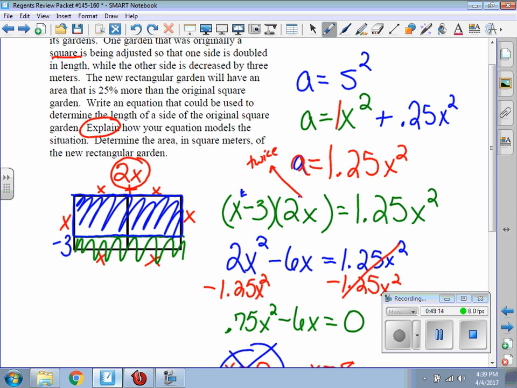Twice the, what is this, length or width? Length, width, decreased by 3. That's enough of an explain.